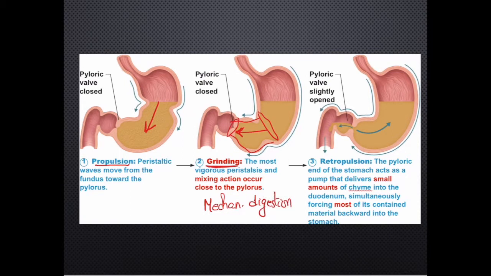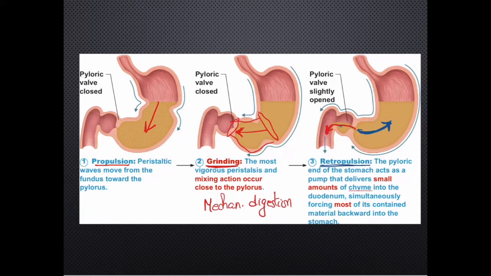You see, only a small part of the food is going to be moving down to the duodenum, but most of the food is going to be moving back into the stomach. Only smaller amounts of the chyme will be moving to the duodenum, and most of the food is going to be moving backward, and this is what we're going to call the retropulsion.